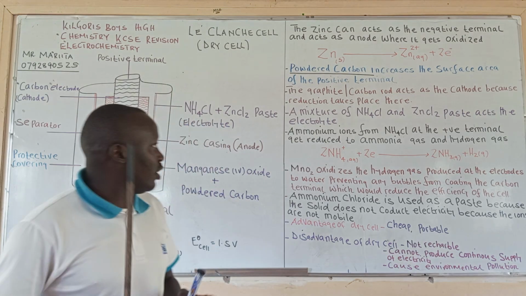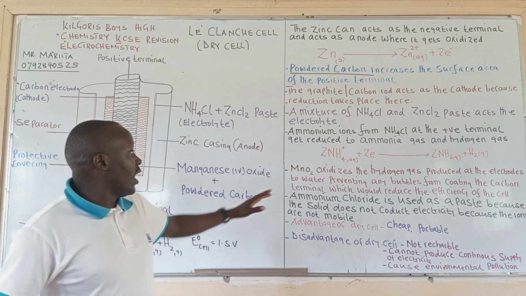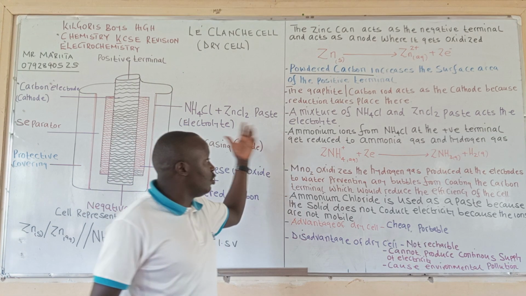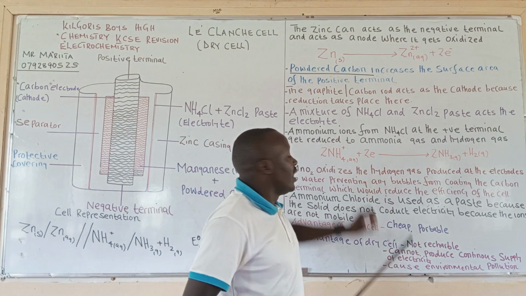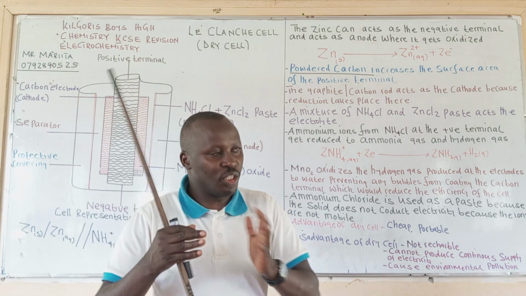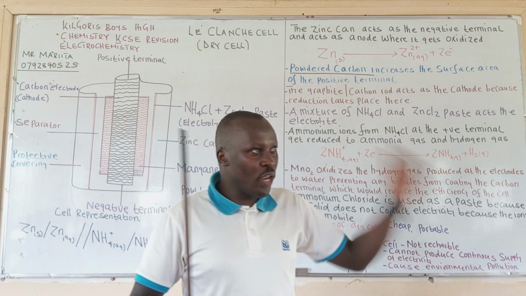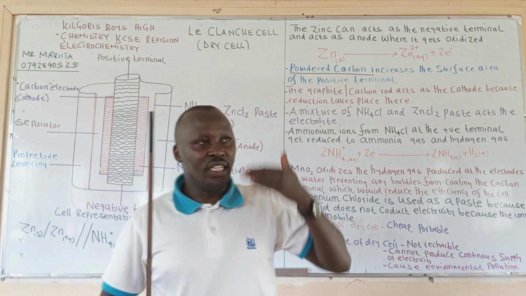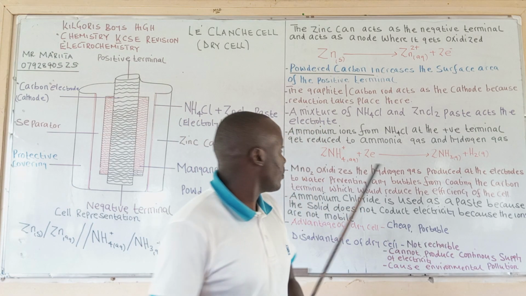At the positive terminal, reduction takes place, where the ammonium ions are reduced to ammonia gas and hydrogen gas. So the powdered carbon increases the surface area for the positive terminal, where reduction is taking place.